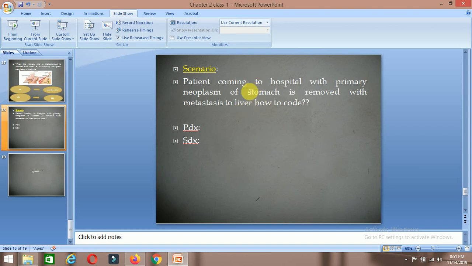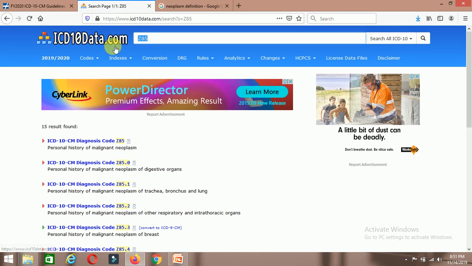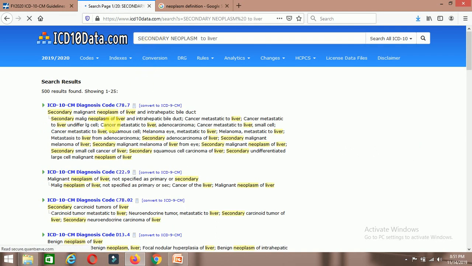There is no primary neoplasm further, so we call this the secondary, and the secondary neoplasm is still present and the treatment is to that only. So first we assign the principal diagnosis as the secondary neoplasm of the liver.